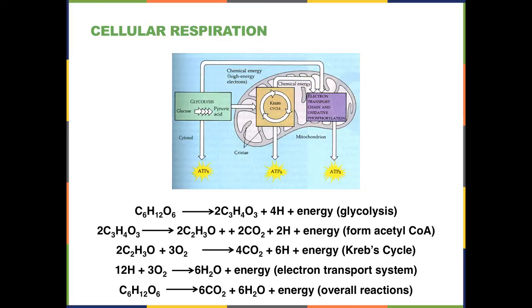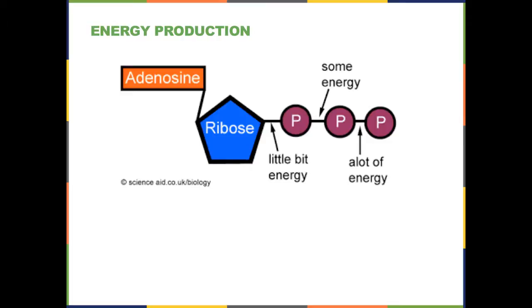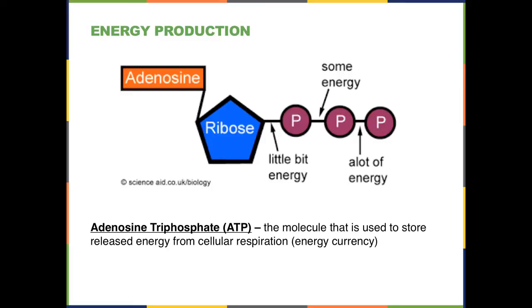Now, I've shown in this diagram ATP, and that is the form in which this energy takes, and I want to spend just a minute to talk about that. This is the structure of ATP. You have an adenosine, a ribose sugar, and 3 phosphates. So that's adenosine triphosphate is the name of the molecule. And this is the molecule in which all the released energy from cellular respiration is stored.